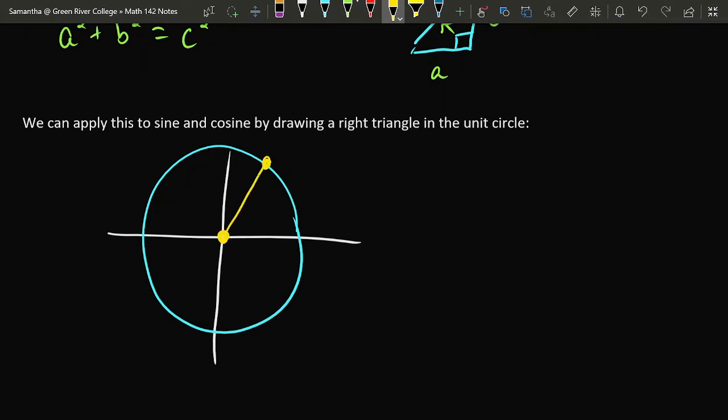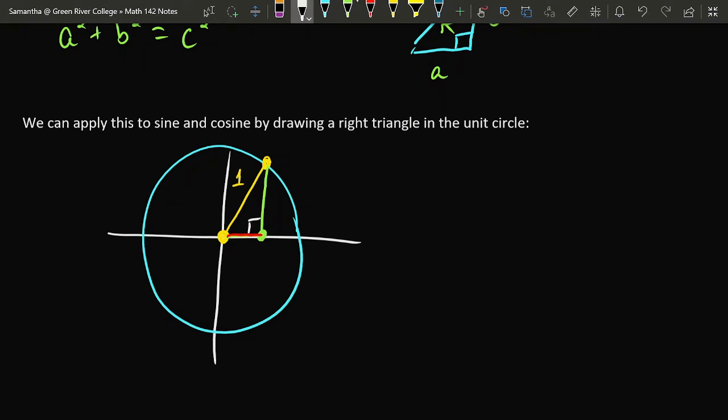Notice that because the hypotenuse goes from the center of the circle to the rim, and because the unit circle has a radius of 1, the hypotenuse must have a length that's also equal to 1. Now let's draw a line straight down and a line straight across. And having done this, we now have our right triangle.